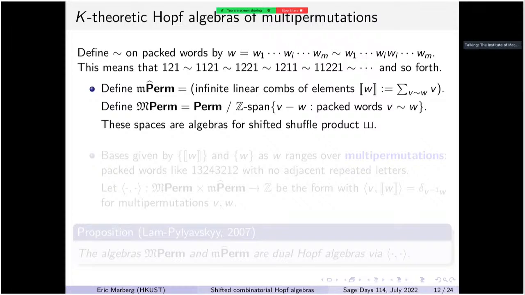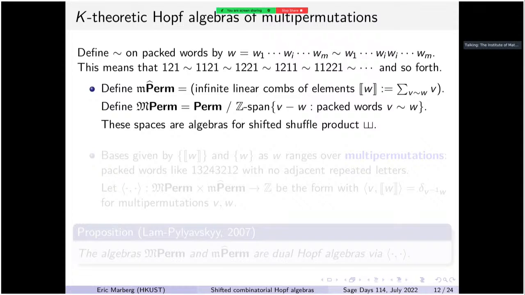And then the other version is a quotient. You're going to take the span of all differences V minus W, where these are packed words that have this relation, and you're going to quotient. Maybe this should be not permutations, but all packed words, I think. Yeah, so this object should be slightly different.